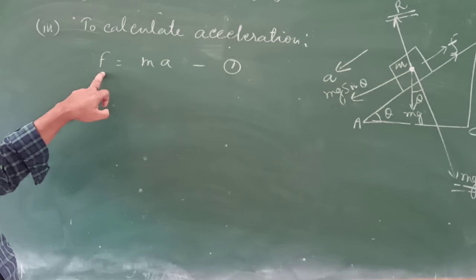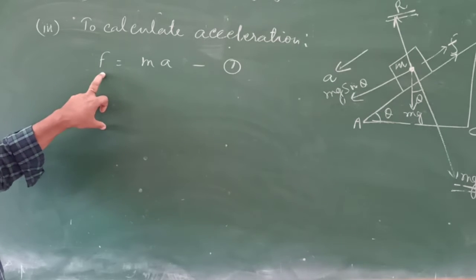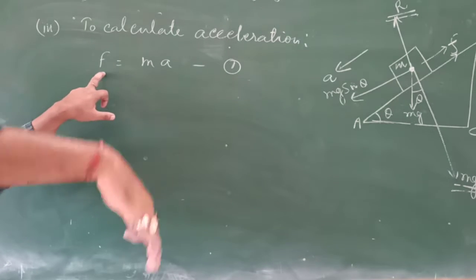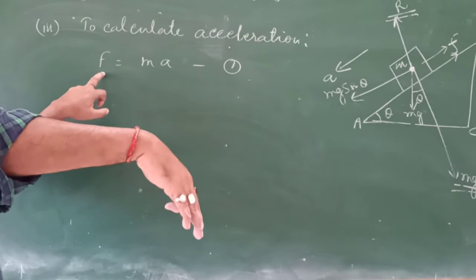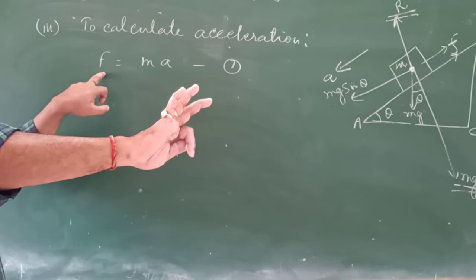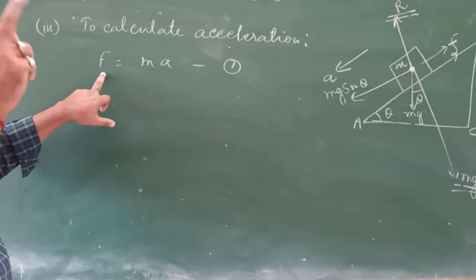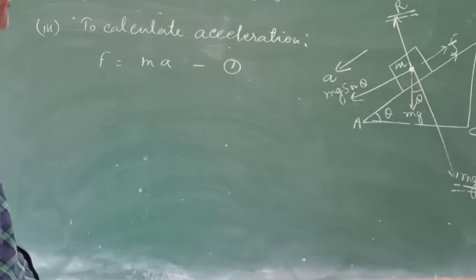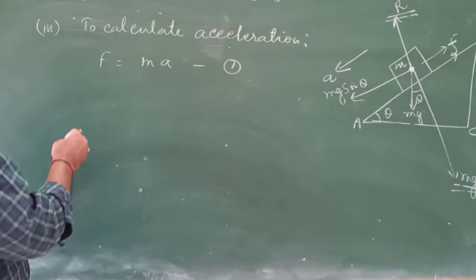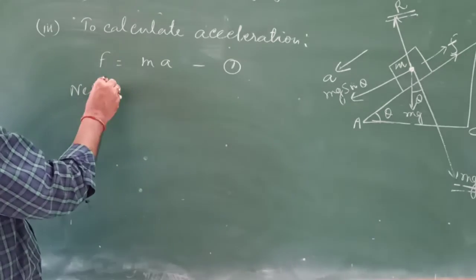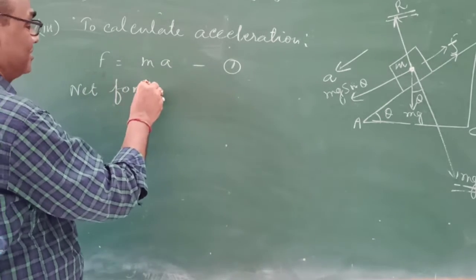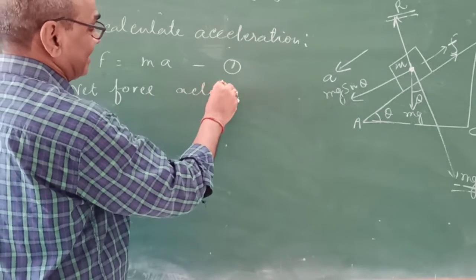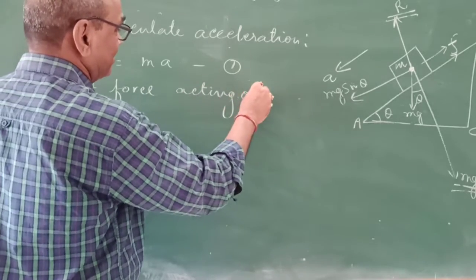Therefore, from Newton's second law, you remember the free body diagram. You have to write the second law of motion, the equation of motion. Force is equal to mass into acceleration is known as the equation of motion. And how much is the net force acting on the block?